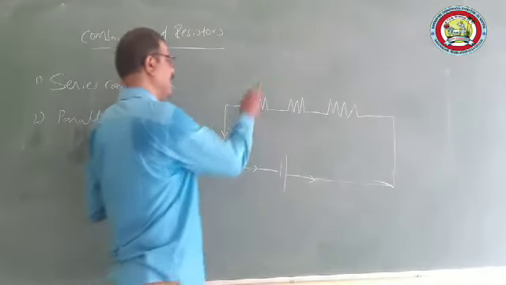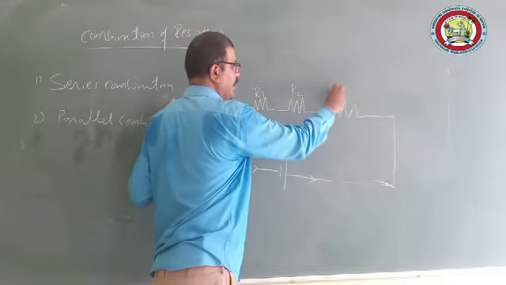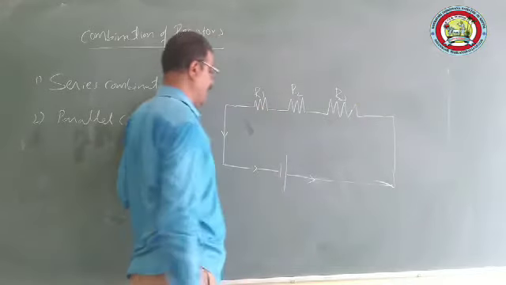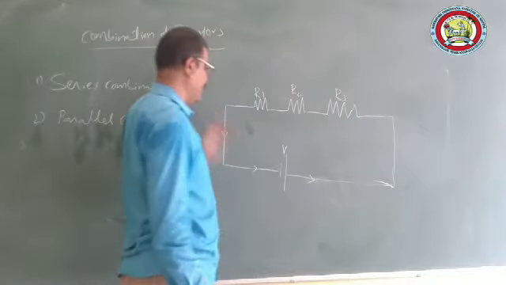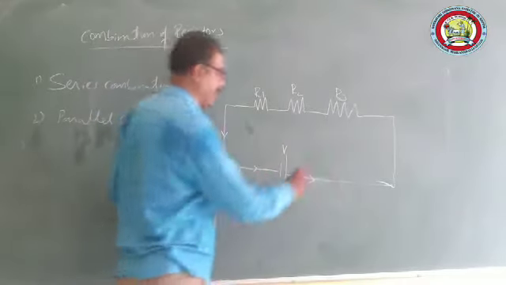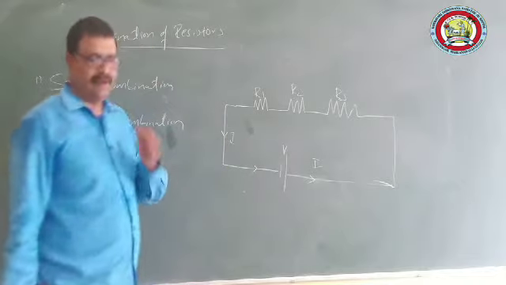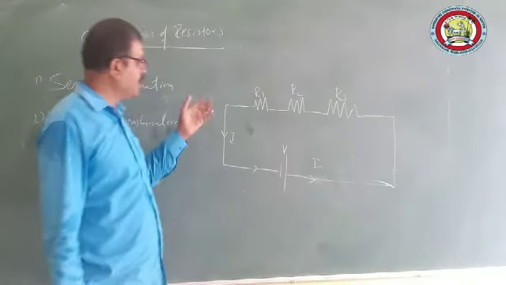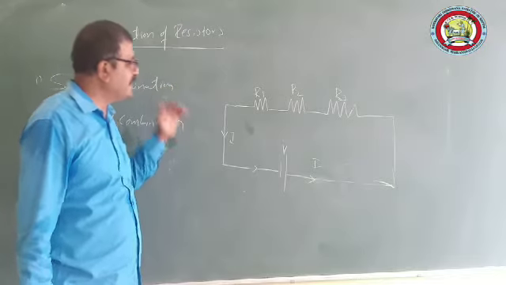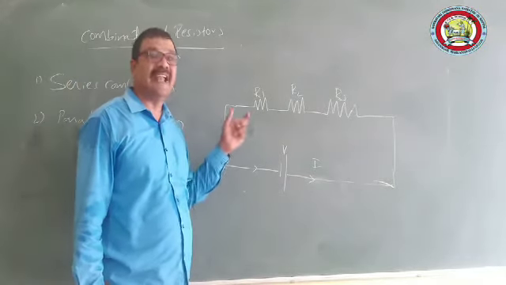Let us name these resistors R1, R2 and R3, and let us name the total voltage as V, and due to this cell a current I is flowing through the circuit. Now the general question that will arise here is, what is meant by connecting the resistors in series, or end to end?